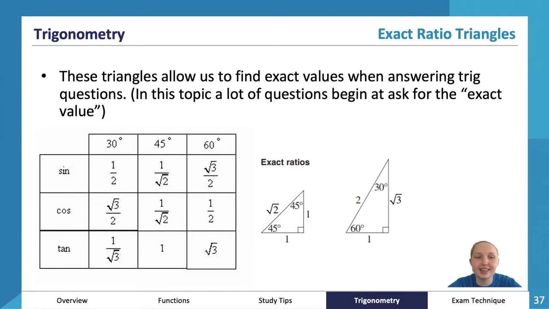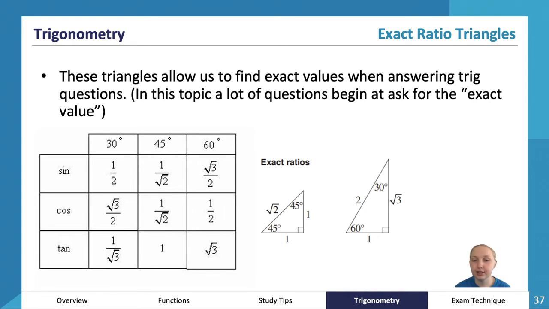You'll find that when you're doing this topic, specifically in year 11, a lot of your questions are going to begin with 'using the exact value' or 'find the exact value of'. Essentially they want you to use these ratios to find exact values. The reason that they're called exact is because a lot of them use surds, so essentially they're asking for the non-decimal form of the surd.